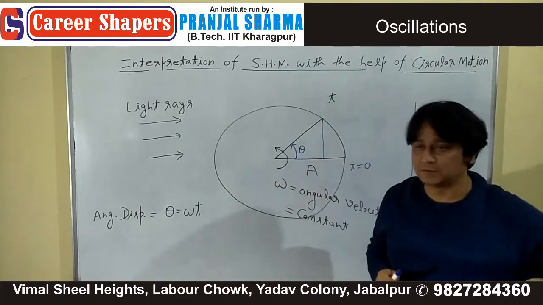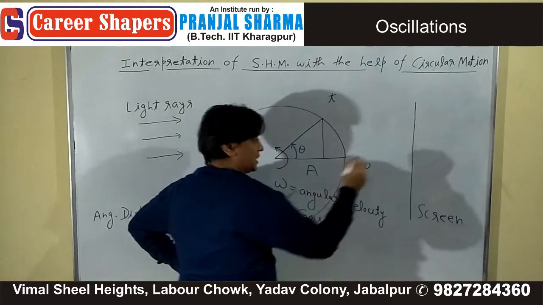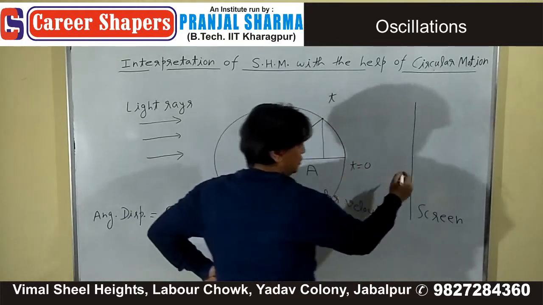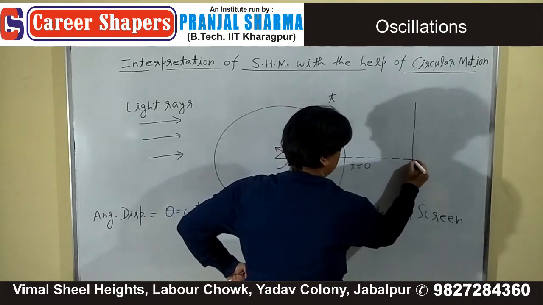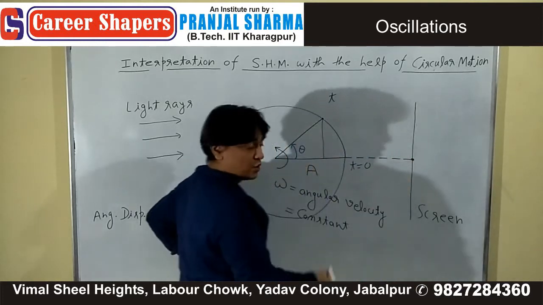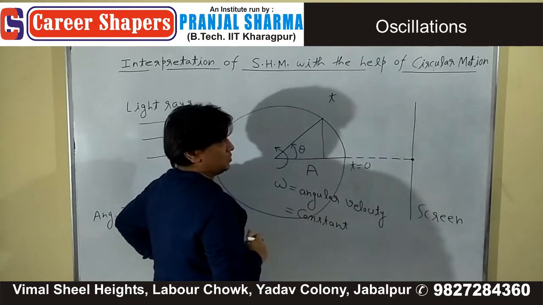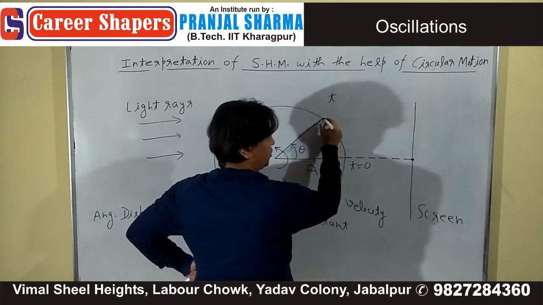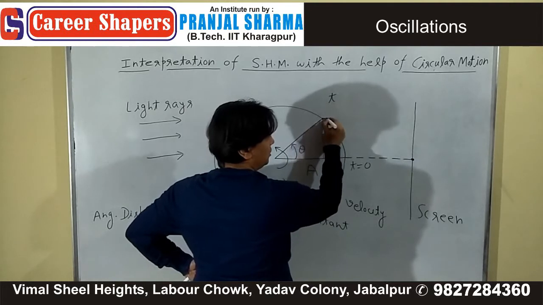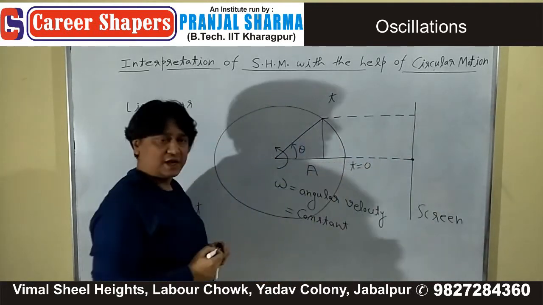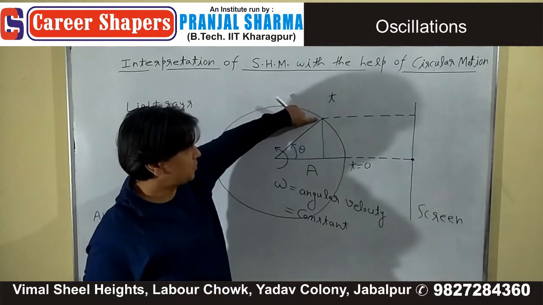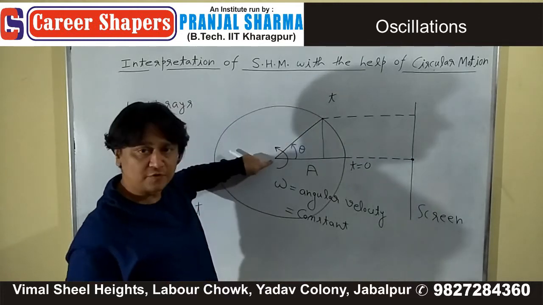And if you block something, then you know that you will see the shadow of the rod cast on the screen. So, what is the length of the shadow? At time t, you will connect these two lines like this, top of the rod and this end of the rod.